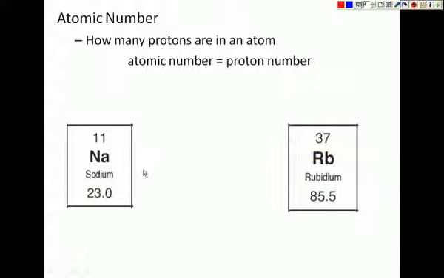What we can see about these is that the atomic numbers are these numbers at the top right here. So in other words, sodium has 11 protons. Rubidium has 37 protons.